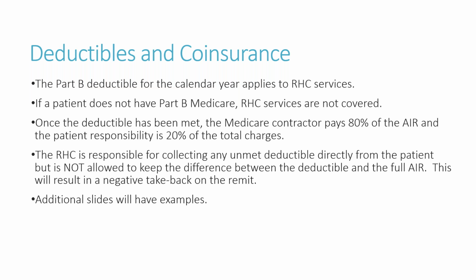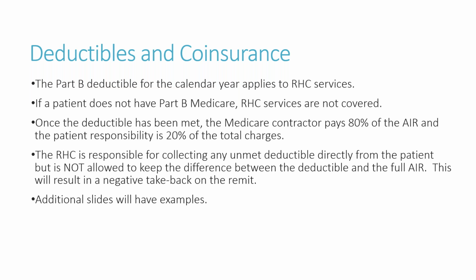So it's a little bit crazy. So if we have a patient who does not have Part B Medicare benefits, if they are Part A benefits only, then services in our clinic are not covered for them. So our patients must have Part B Medicare, and then Part B deductible applies to our services. So it's a little bit crazy.